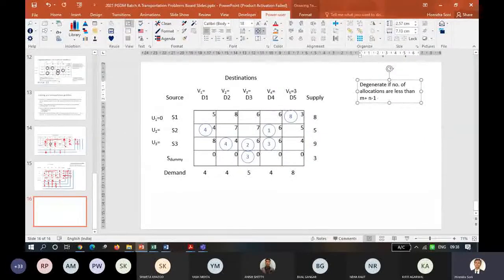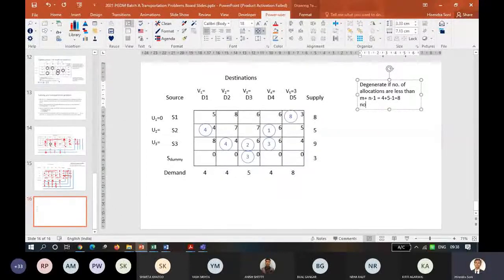How much is m here? m is the number of rows. So 1, 2, 3, 4. So 4 rows plus the number of columns, how many are there? 1, 2, 3, 4, 5. 5 columns minus 1, how much did it come? 8.